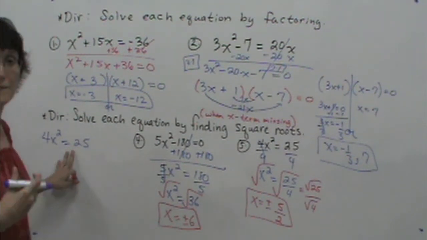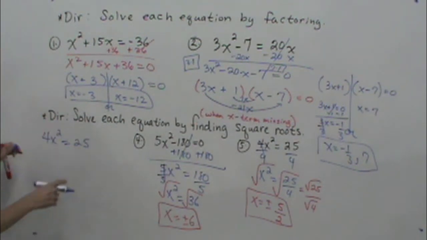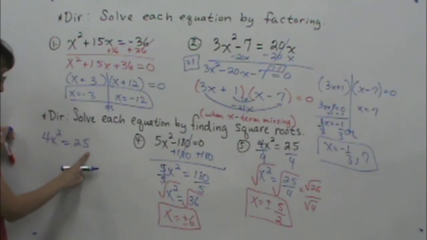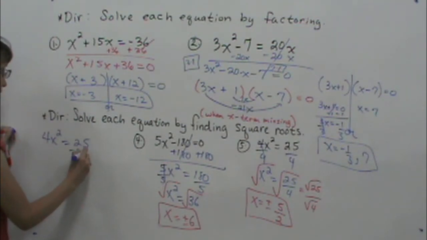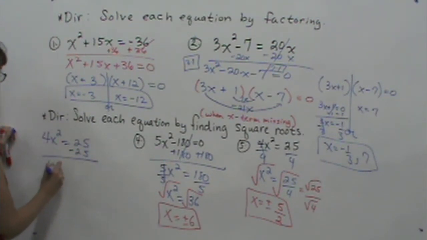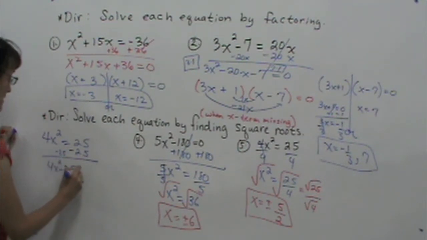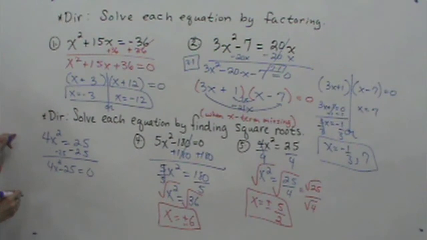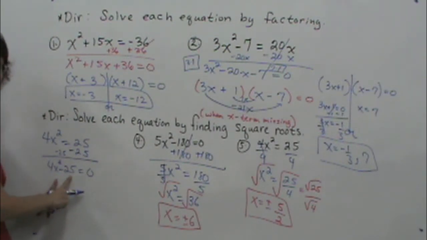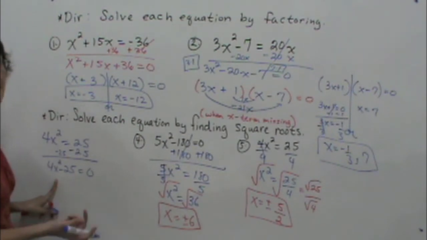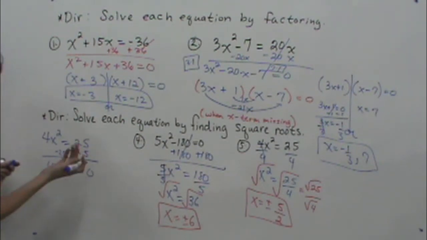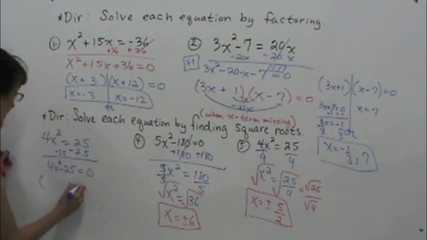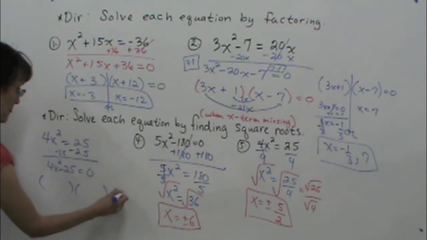So say you forgot about the square rooting, okay? So you can set this equal to 0. So subtract 25. So you get 4x squared minus 25 is equal to 0. Now you notice this is 2 different terms and these are perfect squares. Now they're not always going to be perfect squares, but this one ends up being that. So then I can factor this.